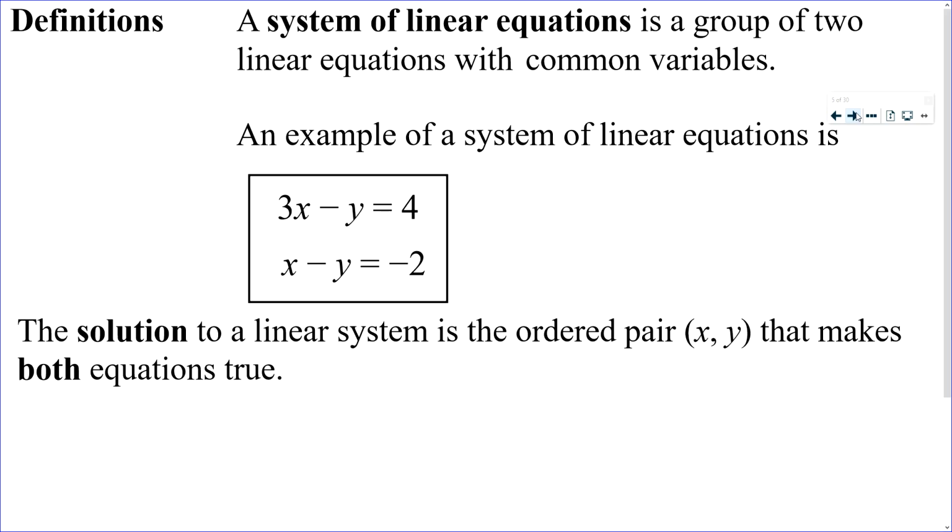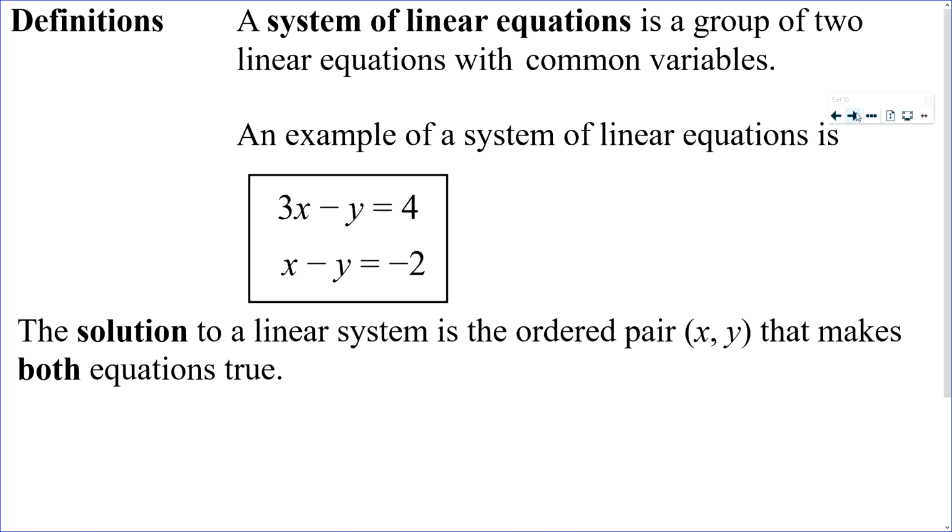And if I were to graph both of these equations, I think it's important for you to understand that there are, on each of the lines we would get, an infinite number of points, which means there's an infinite number of ordered pairs that make the first equation true. There's an infinite number of ordered pairs that make the second equation true.